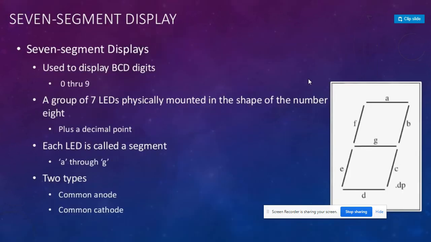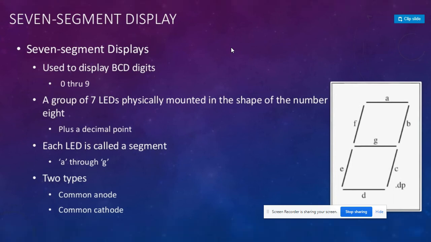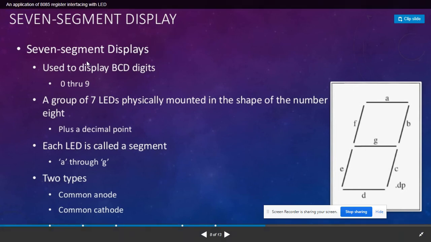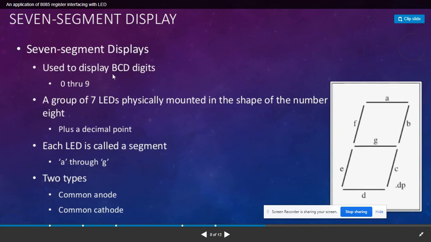So the second method of interfacing with the 8085 as an output device is the 7 segment display. As we already know, the 7 segment display is used for BCD digits, and it shows the numbers from 0 to 9. तो 7 segment display is used to display the BCD digits from 0 to 9.